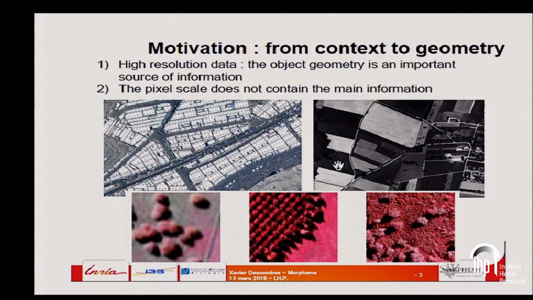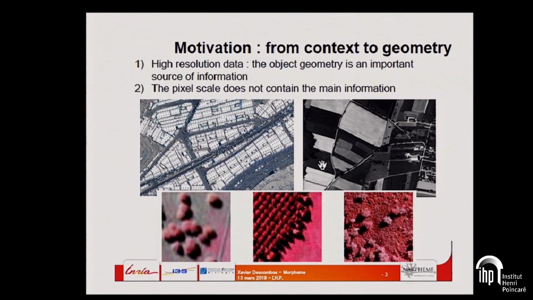And then during the 80s, we had very high resolution sensors, especially in remote sensing, but also in biology. And then we could remark that this contextual information is not enough. For instance, if you take this image on top left, if you want to characterize it, there is not much contextual information.